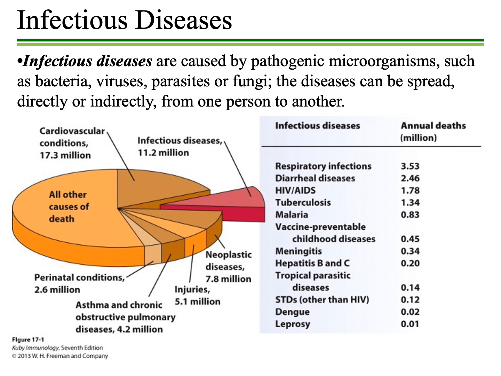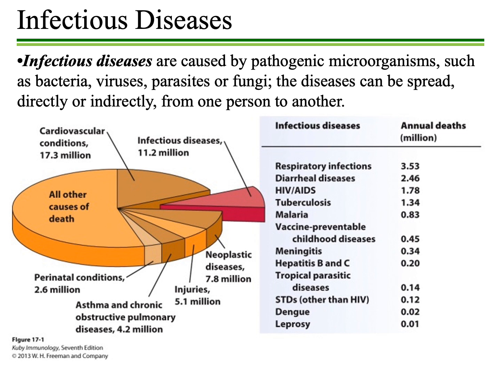In addition, you can see in the table on the right-hand side of this slide a little bit of a breakdown as far as what the infectious disease is and the number of deaths annually that are caused by those particular infectious diseases.